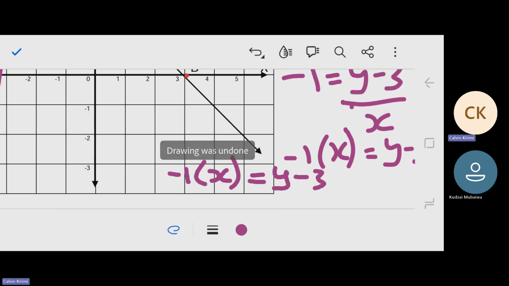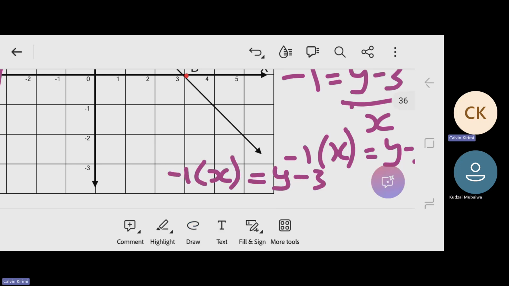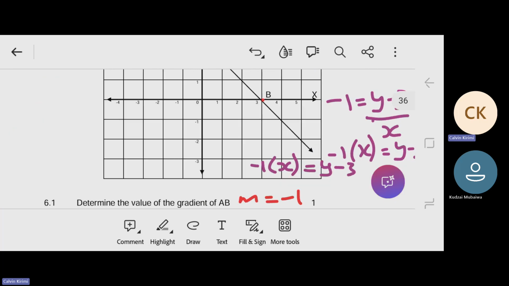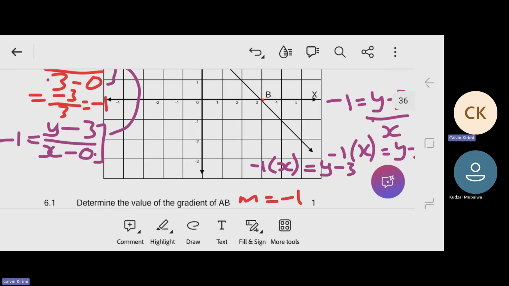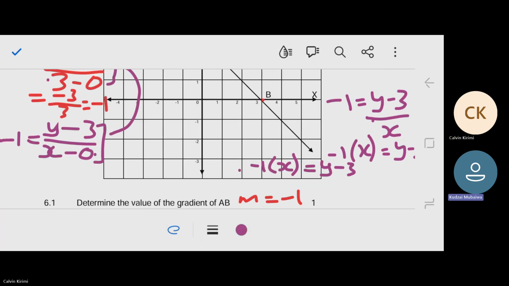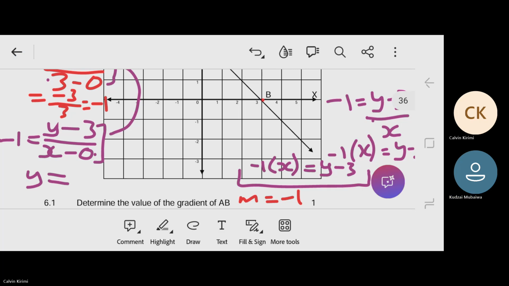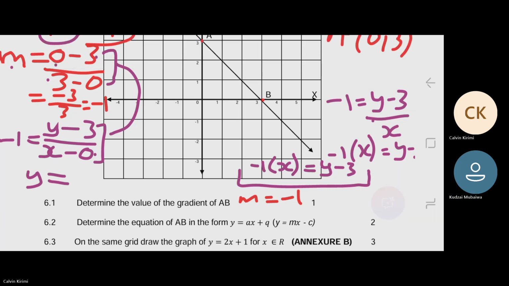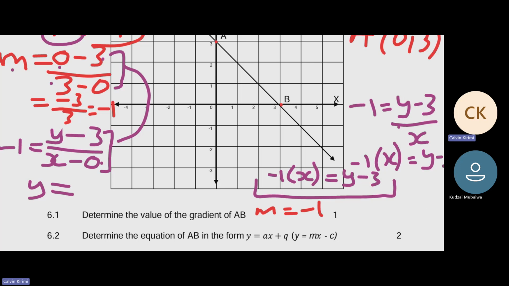So from here, I want you to write the equation of the line, y in terms of x, y is equal to something. From here, what are you going to say? We're going to simplify. Yes, simplify. So that you tell me y is equal to what?